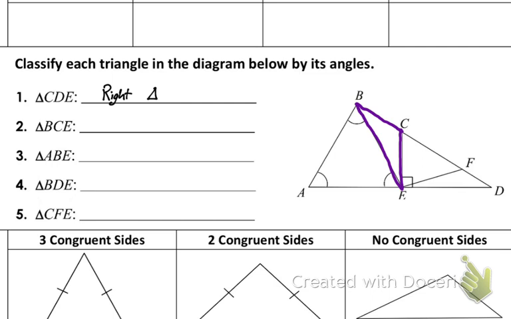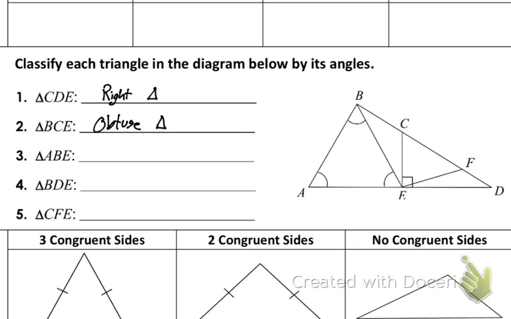They're telling you what triangle to look at. That's triangle BEC. I'm sorry, BCE. I kind of went the wrong direction when I drew it, but that's still BCE. Does that angle look obtuse, acute, or right? It looks obtuse, so it's going to be an obtuse triangle.